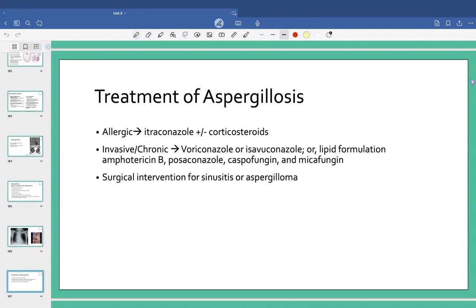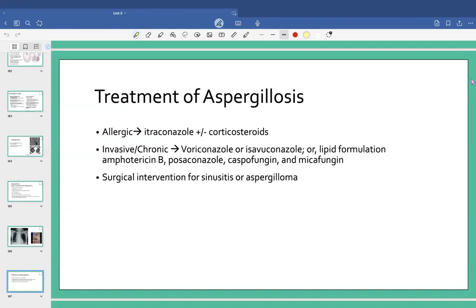For the invasive and chronic, voriconazole or isavuconazole, amphotericin B, or the echinocandins, like caspofungin. The echinocandins are recommended for the azole resistant type of aspergillosis as well.